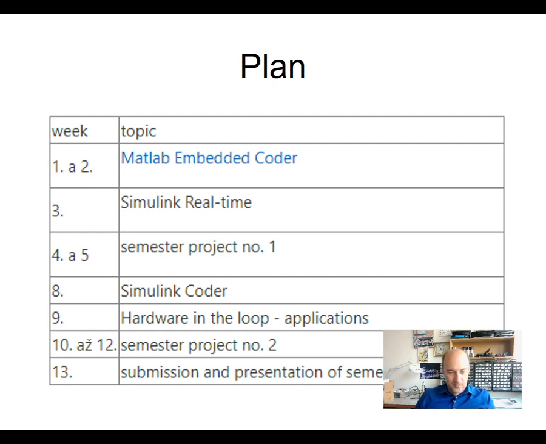Then when we have this simulation finished, we will create a C code, and this C code will be compiled into the control system. Again, we will not focus here on coding in C, but you should at least understand the basics of C, because sometimes it will be necessary to modify a little bit the C code that you have in order to run it on the hardware.